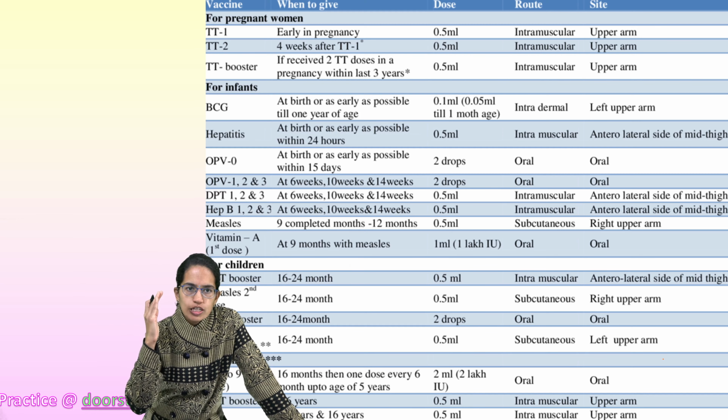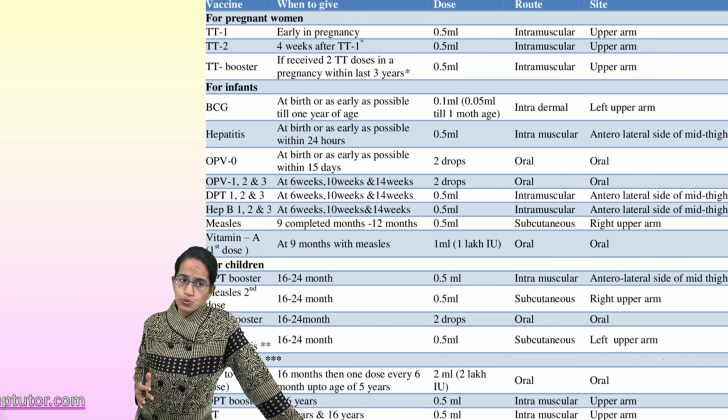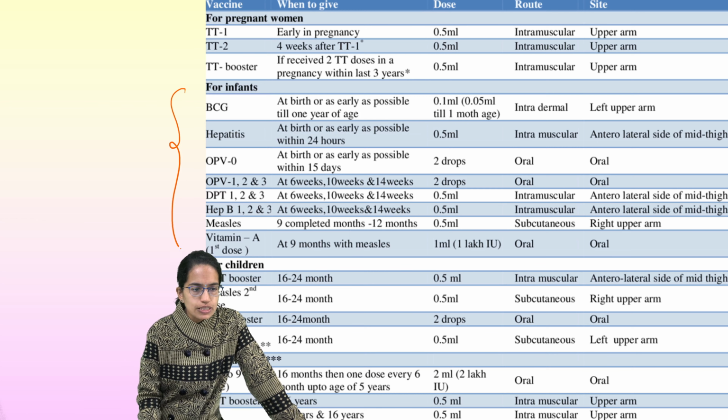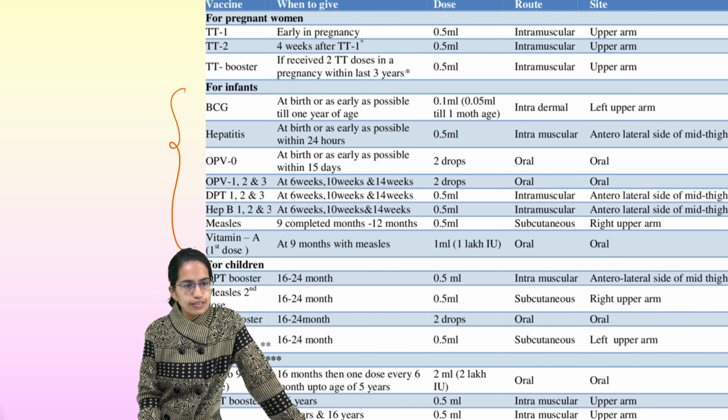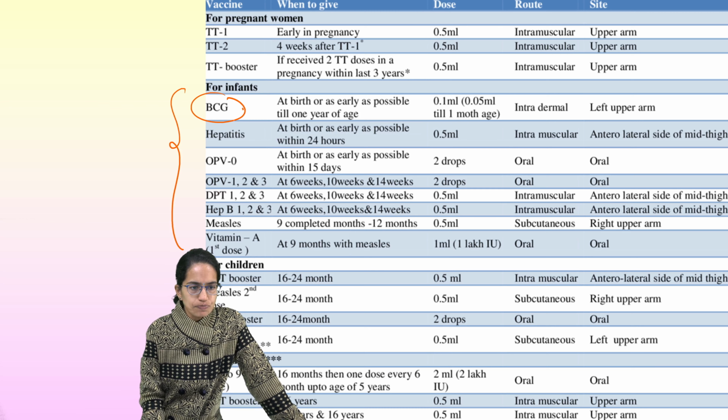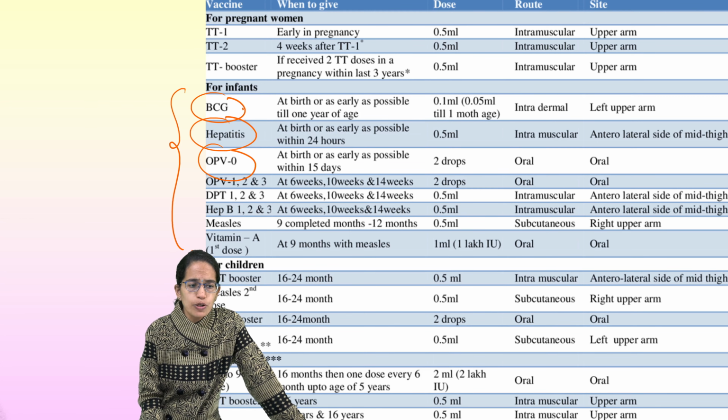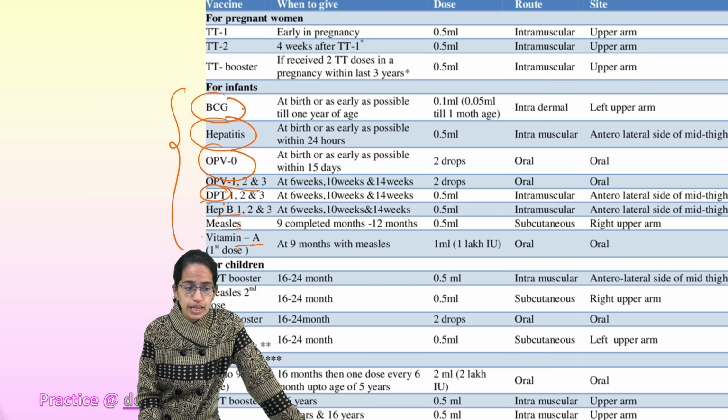Now if we focus on the National Immunization Schedule of India, for infants at birth, what are the vaccines which are given? So BCG, hepatitis B, oral polio vaccine 1, 2, 3, DPT, which is diphtheria, pertussis and tetanus. Then we have hepatitis B, measles and vitamin A, the first dose of it, given for infants.